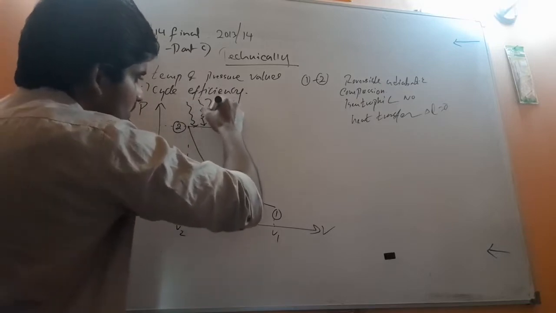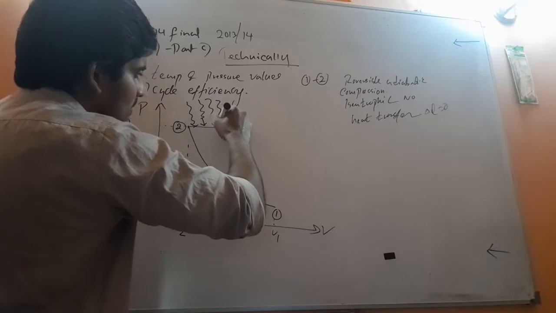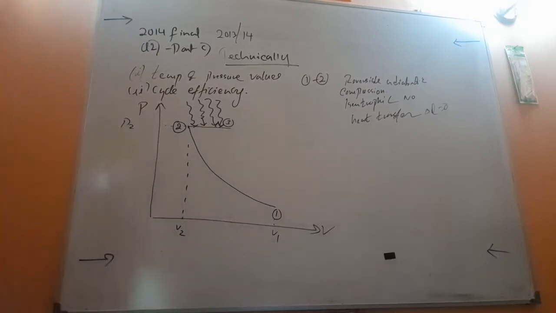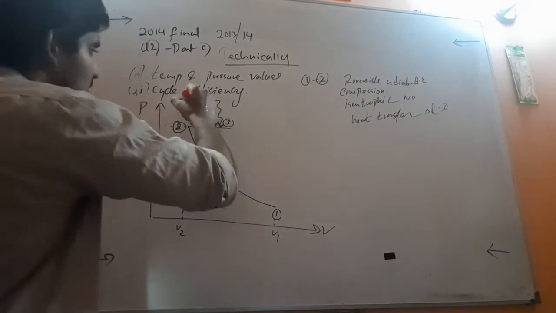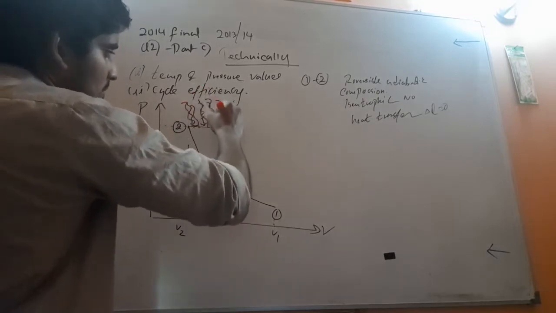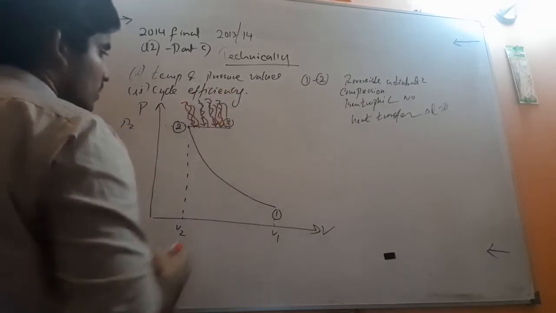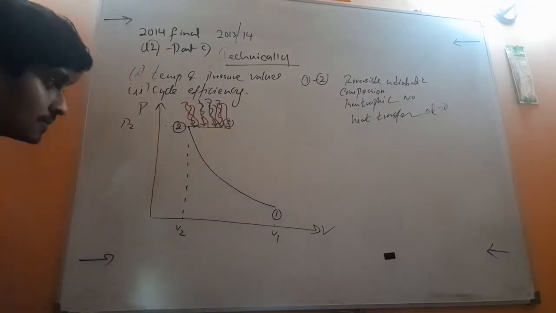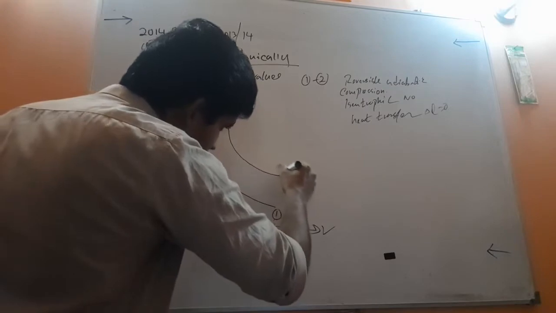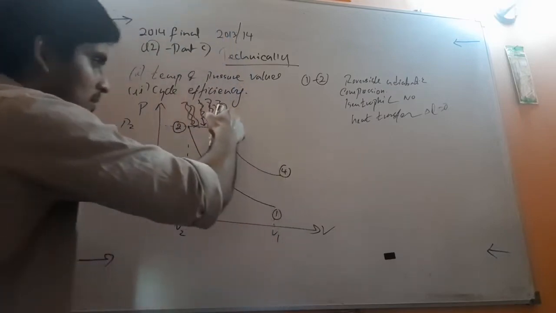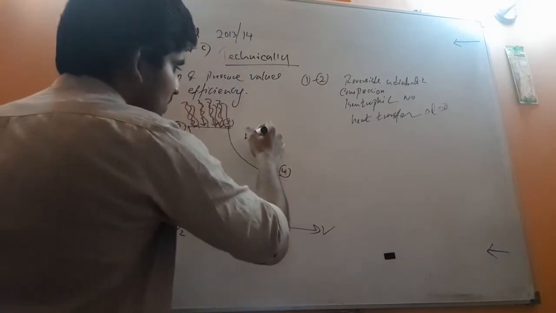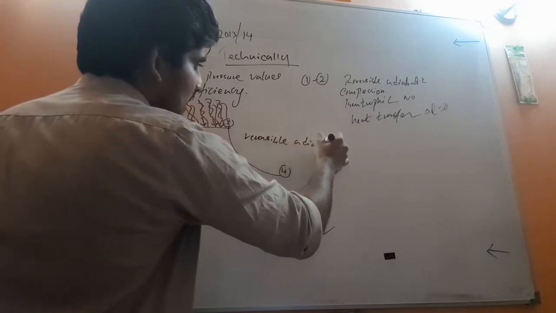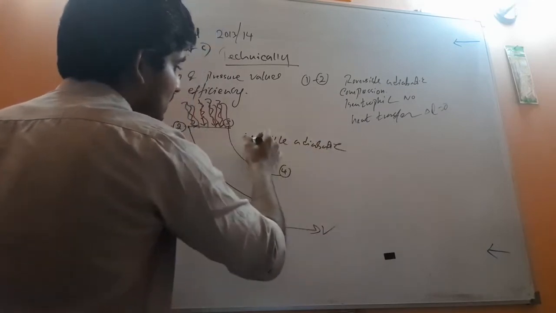I will sketch that in red color. And then from process 3 to 4 we have reversible adiabatic expansion.